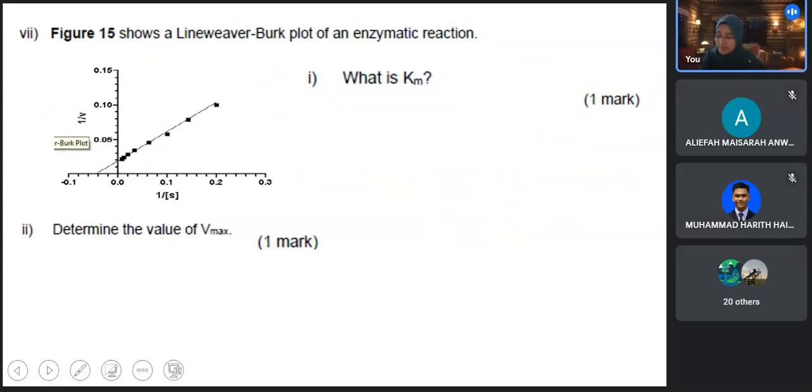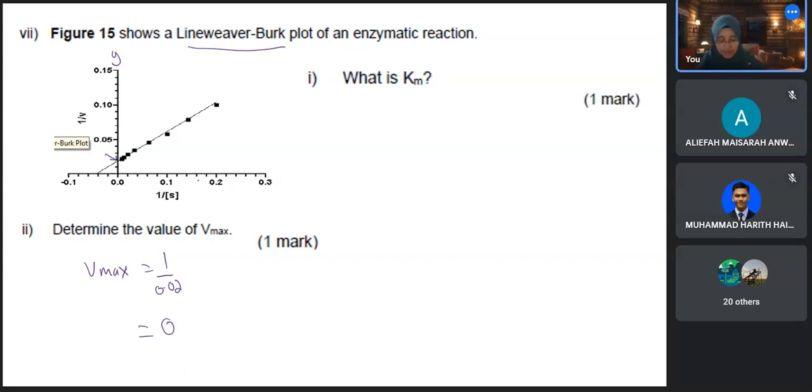Okay, so next question. Figure 15 shows Lineweaver-Burk plot of an enzyme reaction. Determine the value of Vmax. So Lineweaver-Burk plot ni adalah double reciprocal. So you have to find the value on the y-axis. Vmax, so 1 per berapa value dia? 0.02.